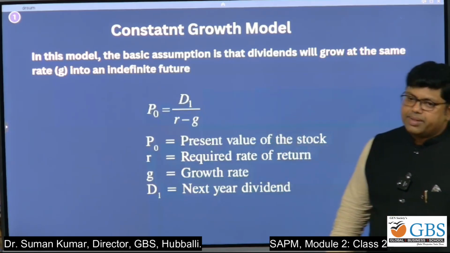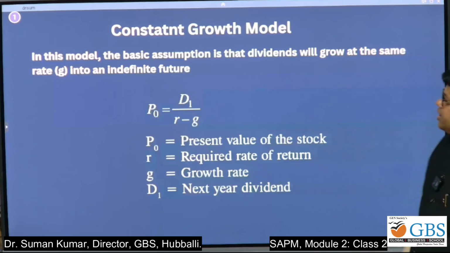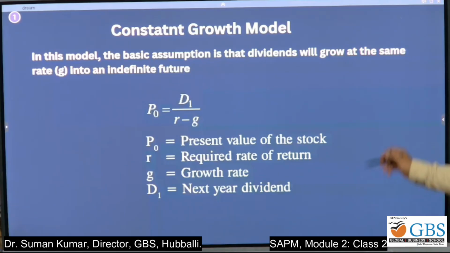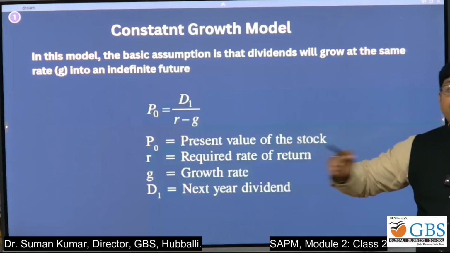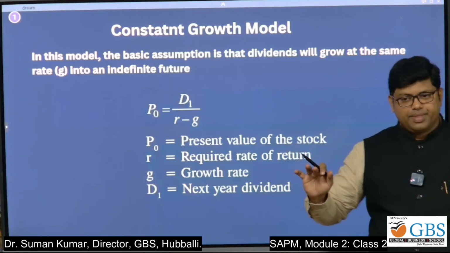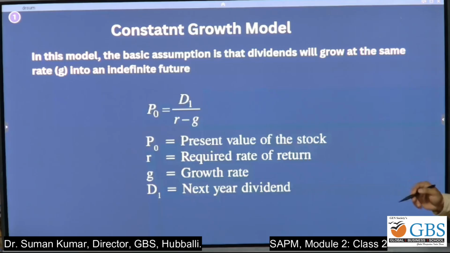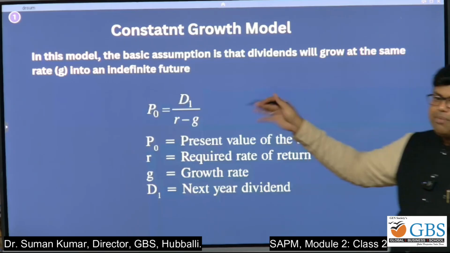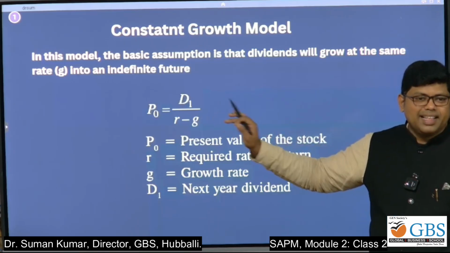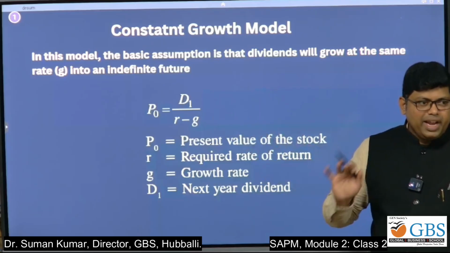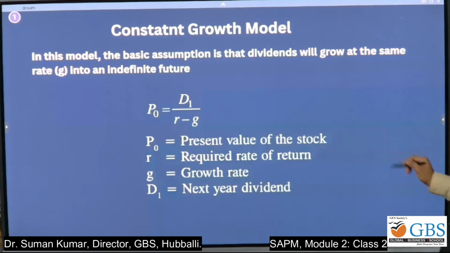Very, very simple, very easy this model is. But you should remember, dividend will be growing at the same rate for an indefinite period. Here there is no selling price, because you will be holding that for an indefinite period.